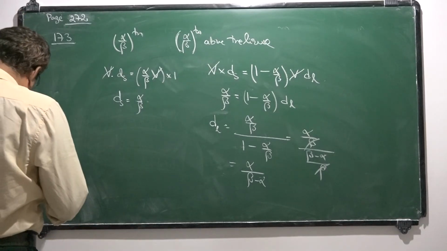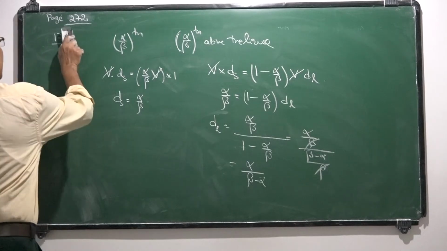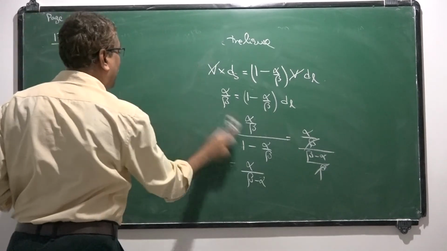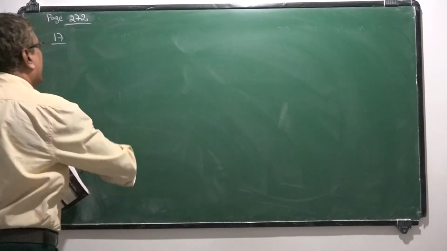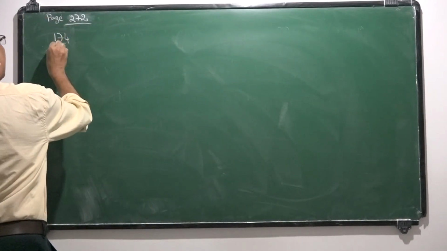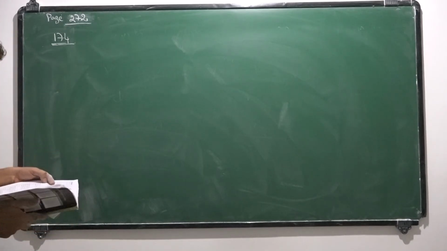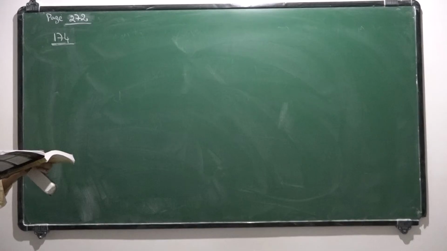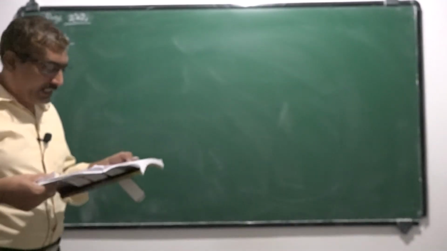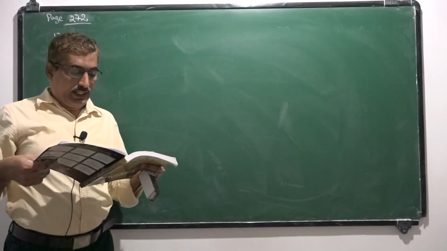Now the next one, 174. A wooden cube is found to float in water with half centimeter of its vertical side above the water.